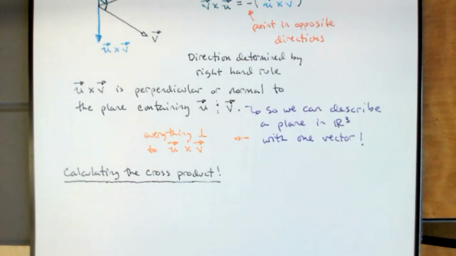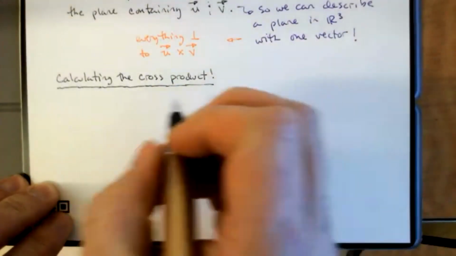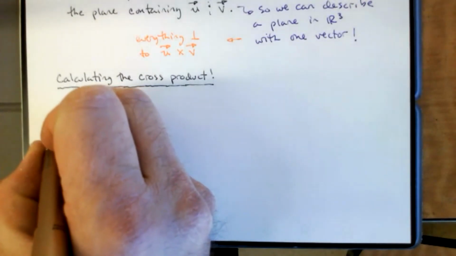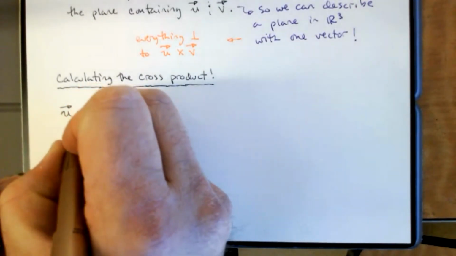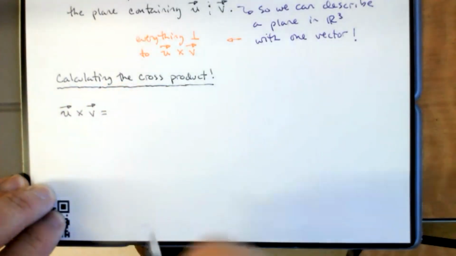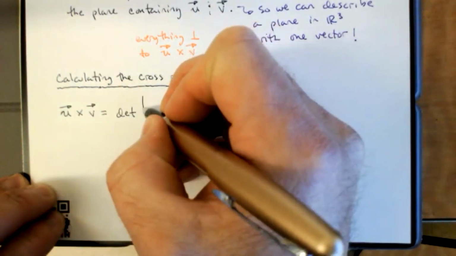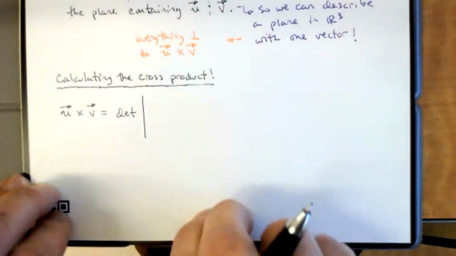So you want to calculate the cross product. The cross product is calculated with a determinant. So the cross product of the vectors u and v is going to be the determinant of a 3 by 3 matrix.